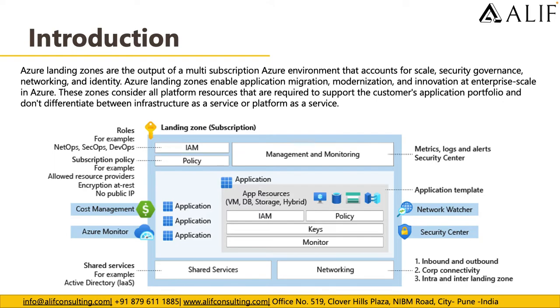So you will not expose all of your subscriptions to the internet or to external services. There will be one single point of entry, and from that one location you will be able to connect to the rest of the subscriptions, right? And apart from connectivity or exposing your applications, you will have IAM and policy in place from where you will manage the rest of your subscriptions.